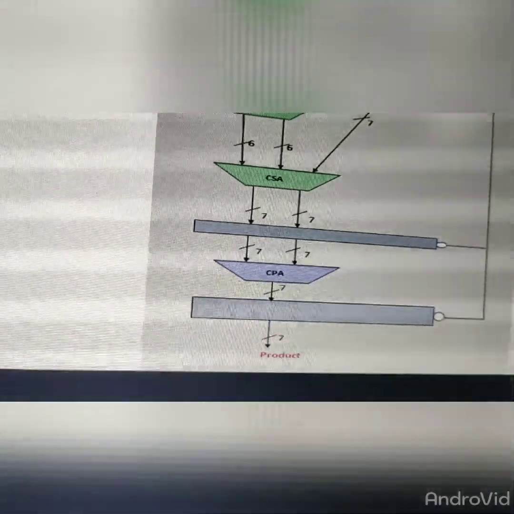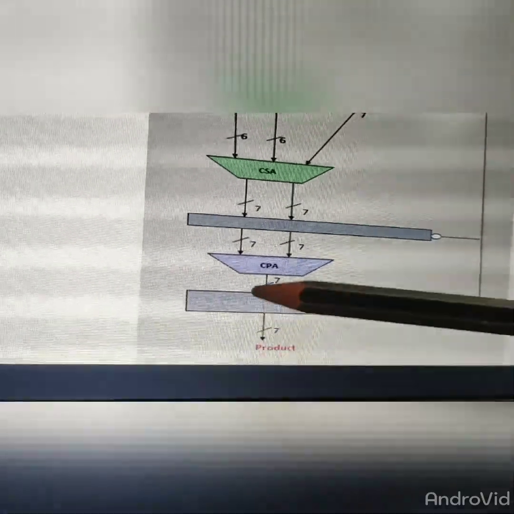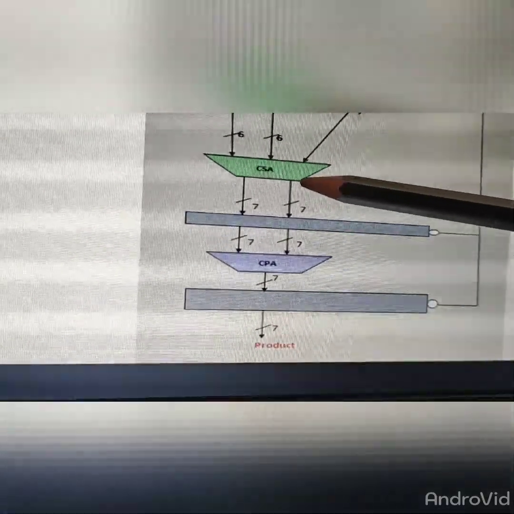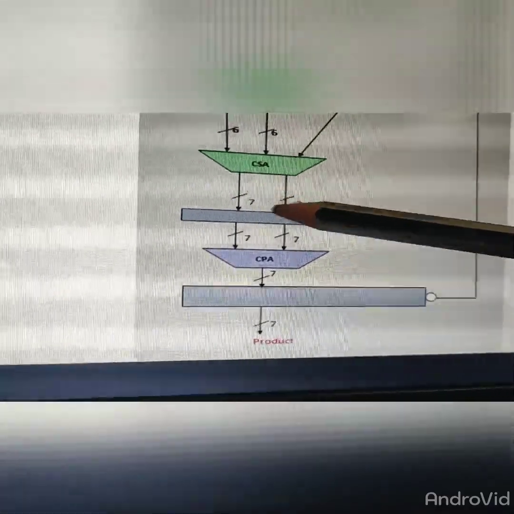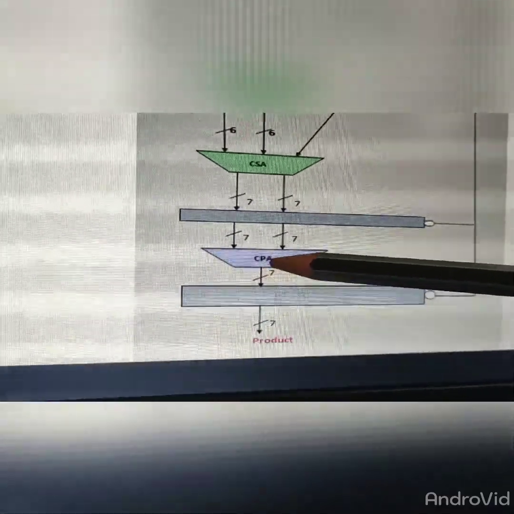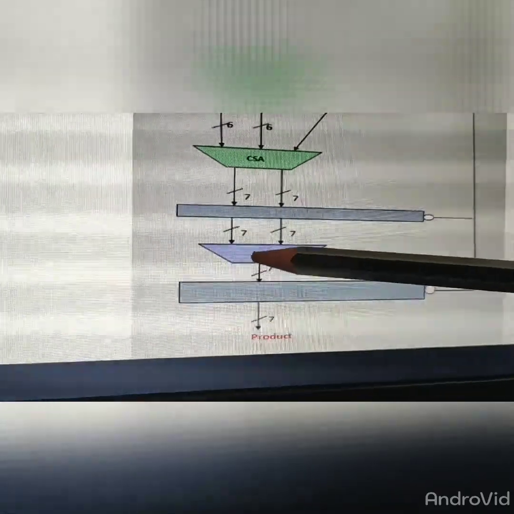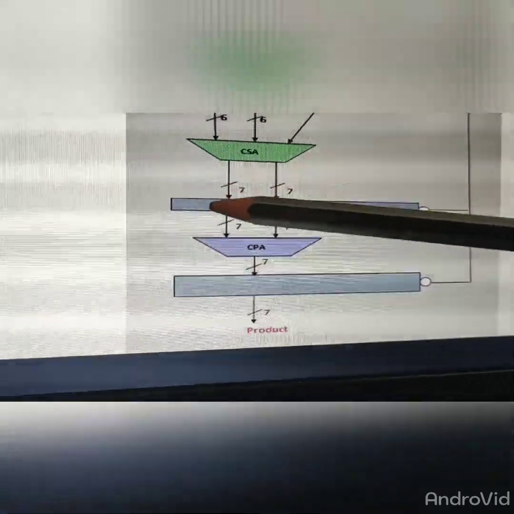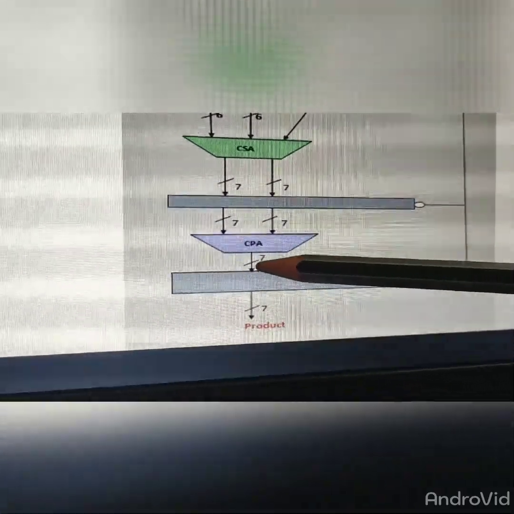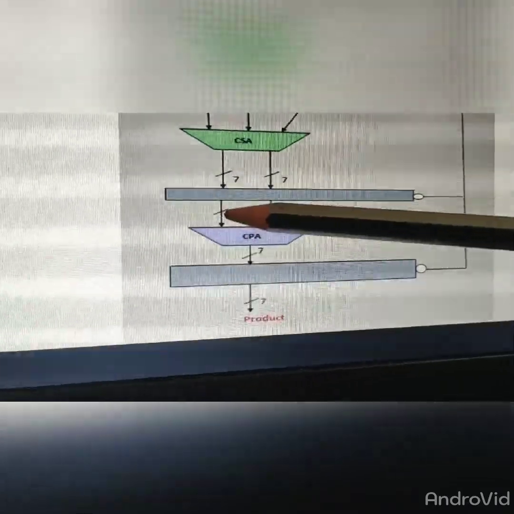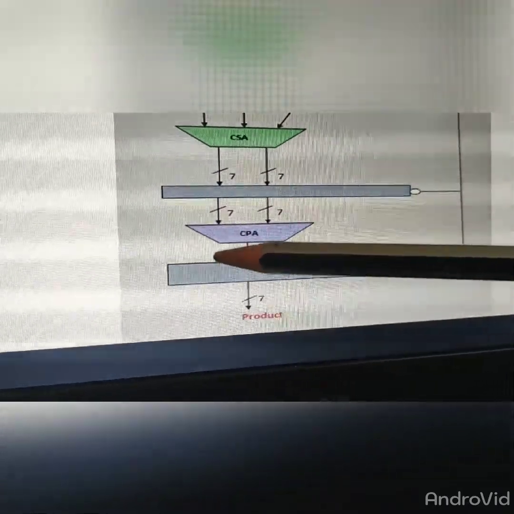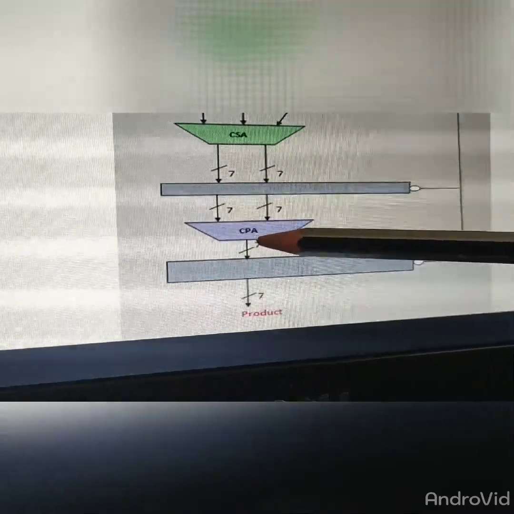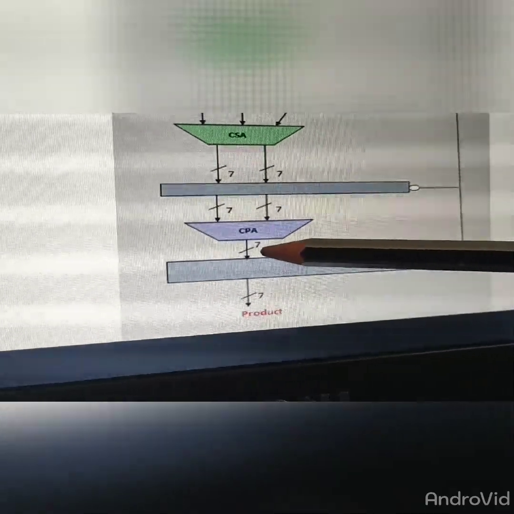At the second stage, the output of the previous stage, that is 7 bits of sum and 7 bits of carry, are passed to the carry propagate adder, because the carry propagate adder adds two values and provides the final sum. In this example, it never gives any carry out. That's why it produces 7 bits of sum.